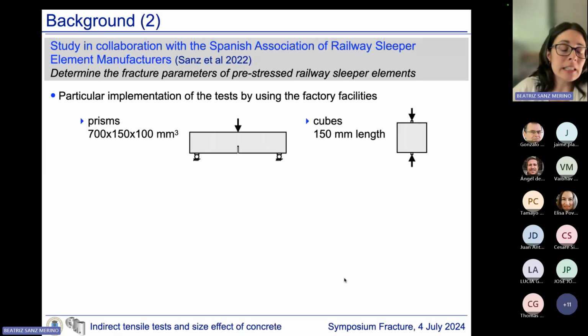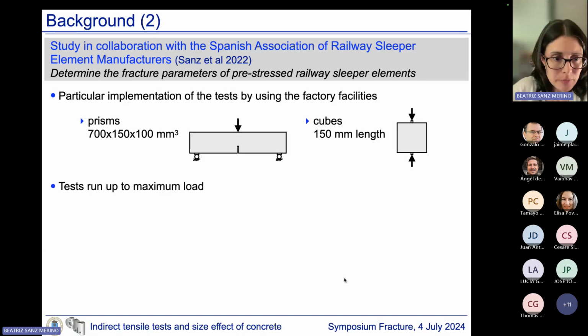In particular, the specimen geometry was modified. For the three-point bending test, prisms were used as those of the Spanish factories, and for the Brazilian test, cubes instead of cylinders, just because they are specimens normally used in the control tests of the factories. And the tests were run only up to maximum load.